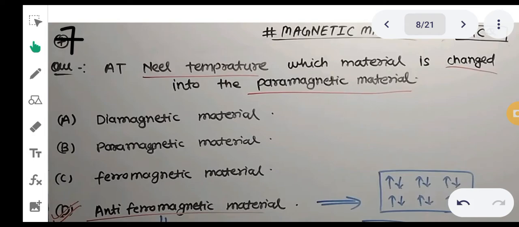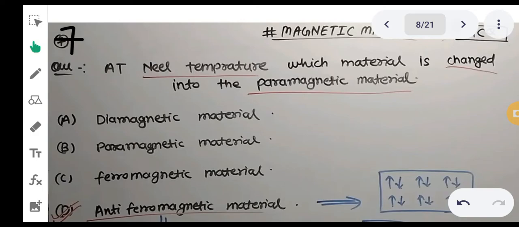It's only the magnetic materials where the electrons are unpaired, not arranged equally. So this is the clue. I just drew this one here. You see, the electrons are not arranged equally. So immediately this temperature is reached, the material will turn into a paramagnetic material. So the behavior of this material is antiferromagnetic.